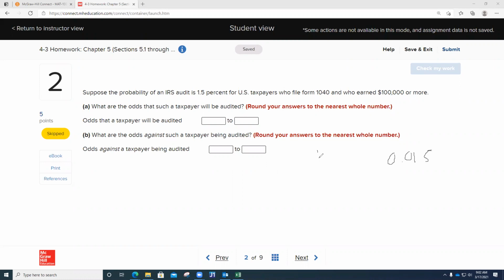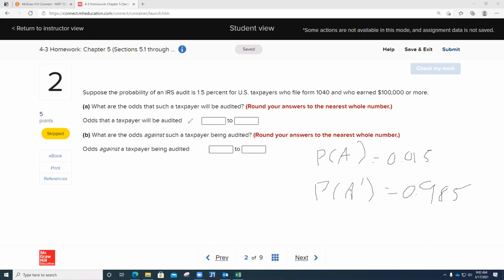This is the probability of an audit, so I'll call this A for audit. The probability of not getting an audit, the complement, is again just 1 minus that. So 1 minus 0.015. Oops, I didn't put enough decimal places in my calculator. It's 0.985.